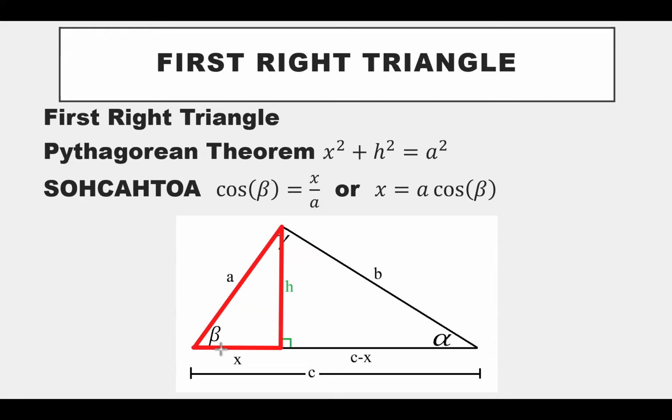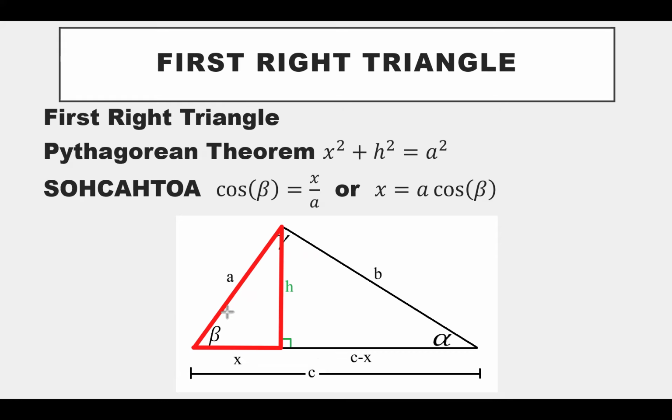The one on the left, which involves angle beta and which has legs of X and H and hypotenuse of A. Now on this first right triangle, we can apply the Pythagorean theorem, which says the sum of the legs squared is equal to the hypotenuse squared. In this situation, we have x squared plus h squared is equal to a squared.